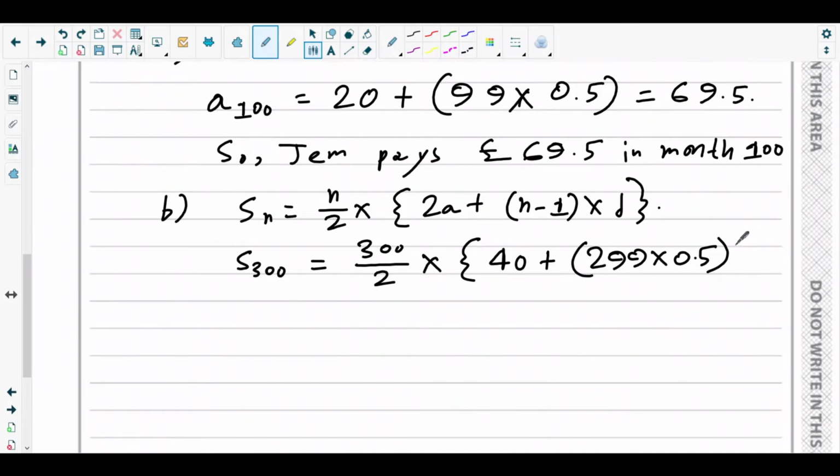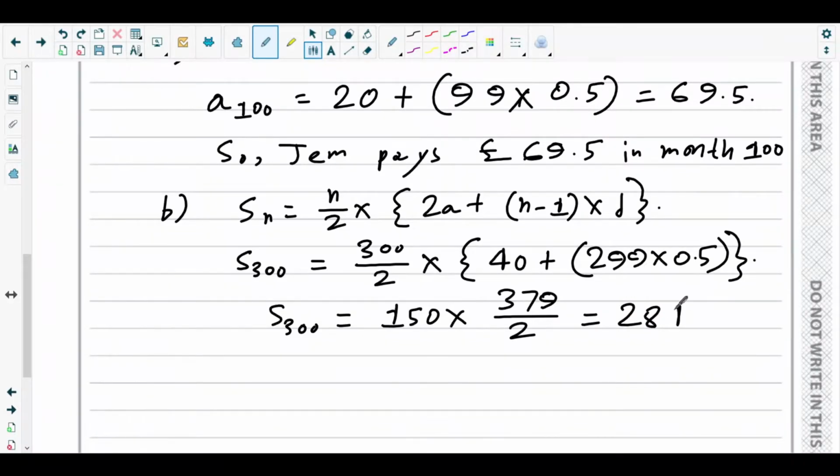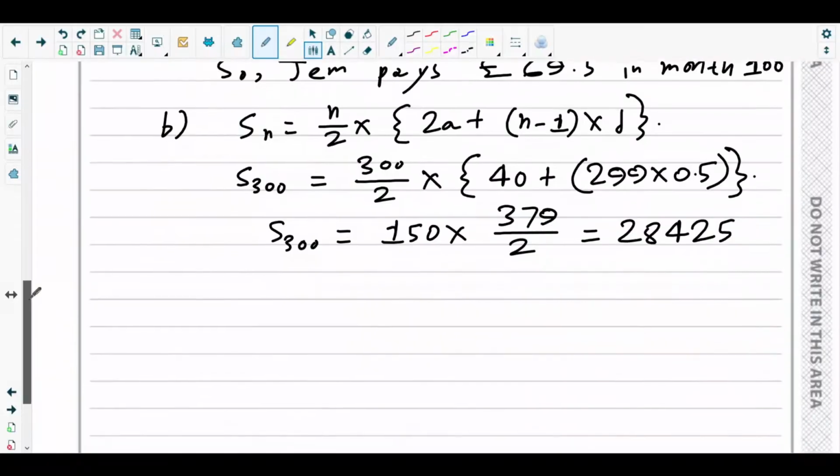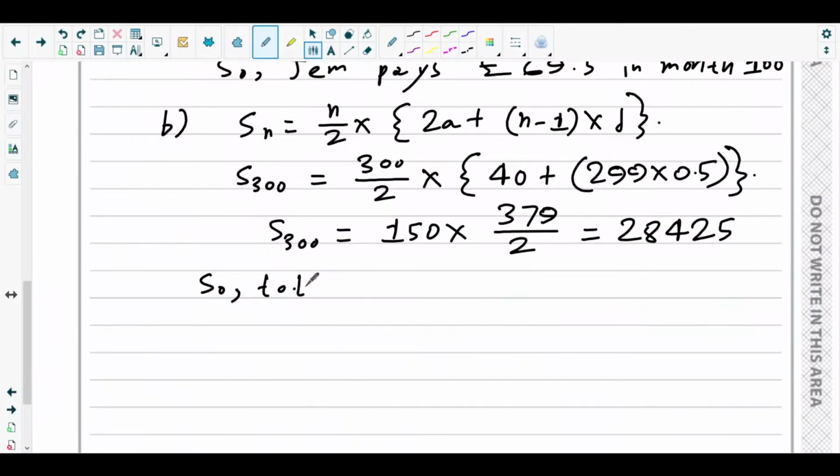So the total amount of money paid is 150 times 299 times half, which gives 149.5, plus 40, that is 379 over 2, which is basically 28425. So the total money paid is, in pounds, 28425.